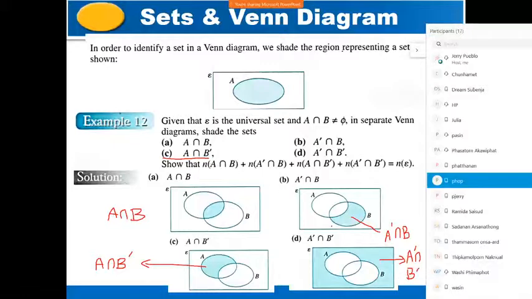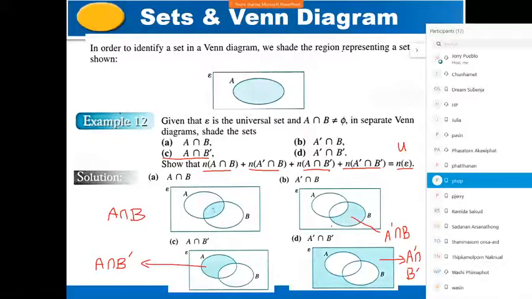Now, show that the number of A intersect B plus the number of A complement intersect B and the number of A intersect B complement plus the number of A complement intersect B complement is equal to the universal set. This is the universal set. This is your U, right? Okay, so you add together, no?